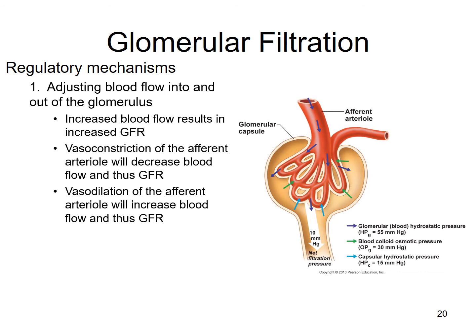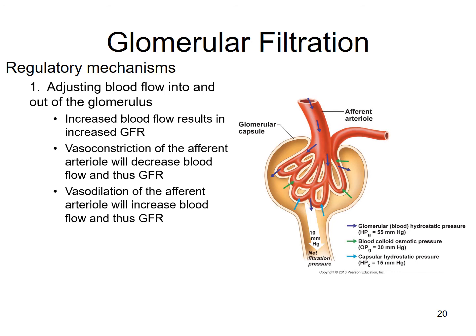So basically, if you increase blood flow into the glomerulus, you're still going to have that crimped down efferent arteriole, and an increase in blood flow will increase the glomerular hydrostatic pressure. It'll increase the filtration above 10 millibars. So look at your diagram. Let's say that you increase your glomerular hydrostatic pressure to 60.